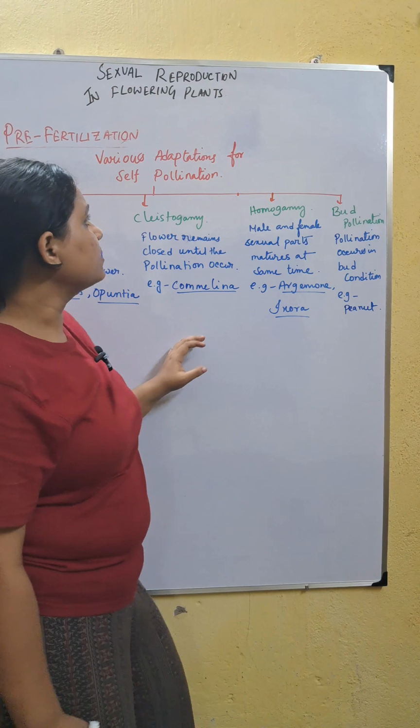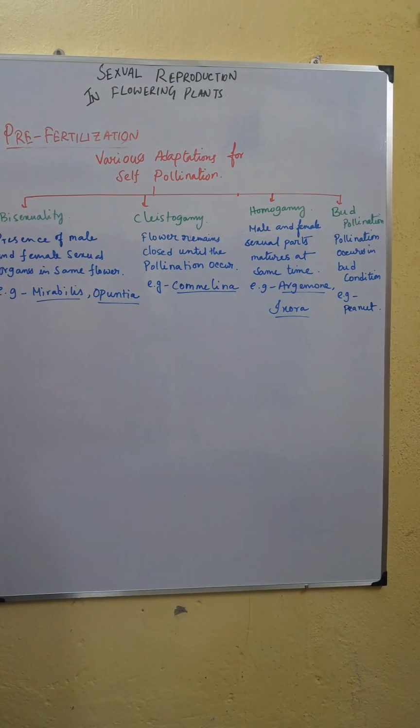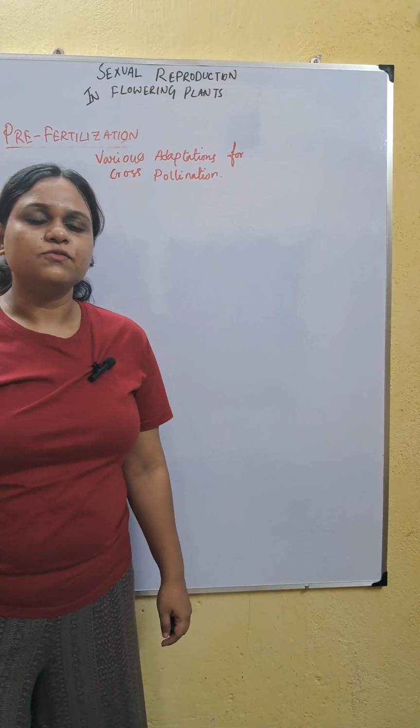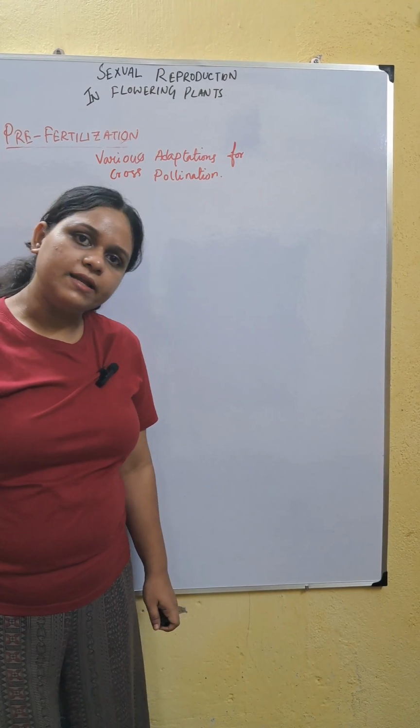Next, we will start with various adaptations of cross pollination. The first adaptation that is seen is unisexuality or dicliny.